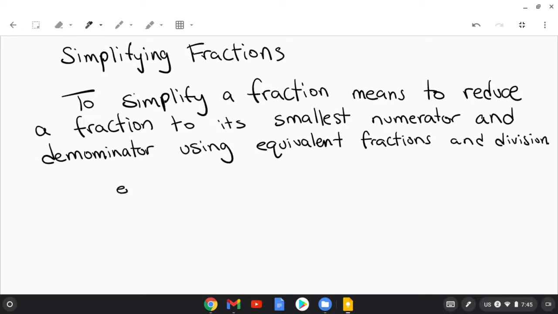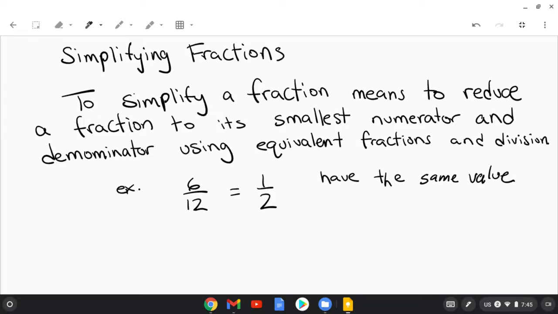For example, 6 over 12 and 1 over 2 are equal. They have the same value. They both equal a half.